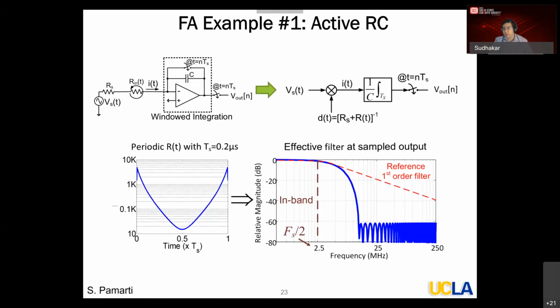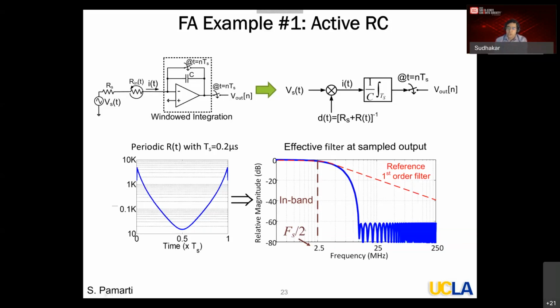And the figure on the right is the effective filtering at the sampled output. Now we have to be a little careful here, because what I'm saying is, this is the filtering seen as far as the samples are concerned. So let us say in this example case, I'm sampling at Fs equal to 5 megahertz. So the actual Nyquist bandwidth is 2.5 megahertz, 0 to 2.5.